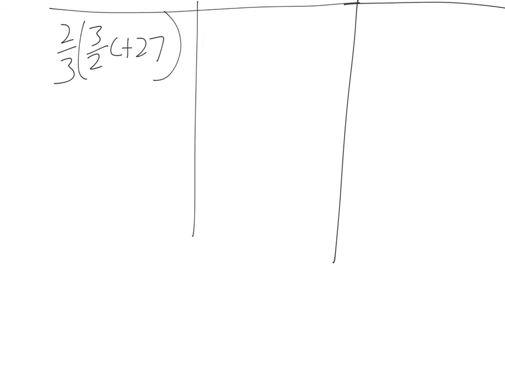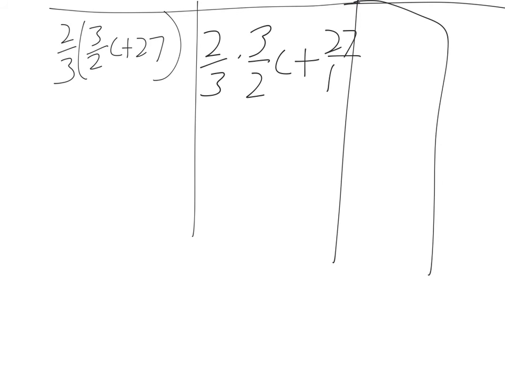Okay, in this last example, you want to find an equivalent expression to 2/3 times (3/2 c plus 27). So to find the equivalent expression here, you just need to distribute the 2/3 over the expression. So you do 2/3 times 3/2 c plus 27 over 1, times 2/3.